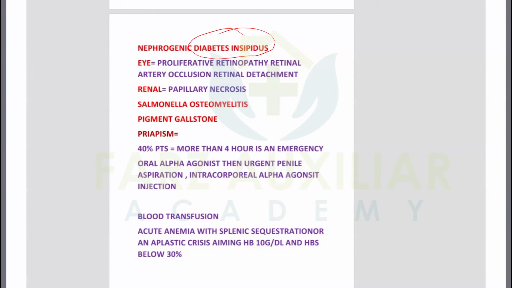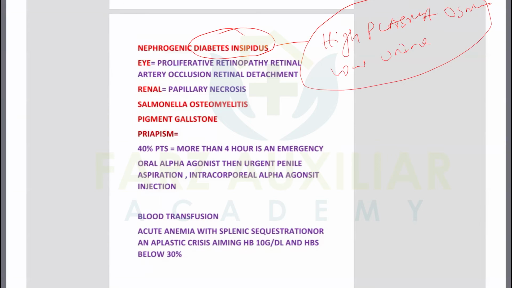Because in the scenario, they will not tell you that it is diabetes insipidus. They will tell you polyuria, polydipsia, patient having high plasma osmolarity and low urine osmolarity. So by seeing this after water deprivation, you should diagnose this is diabetes insipidus.